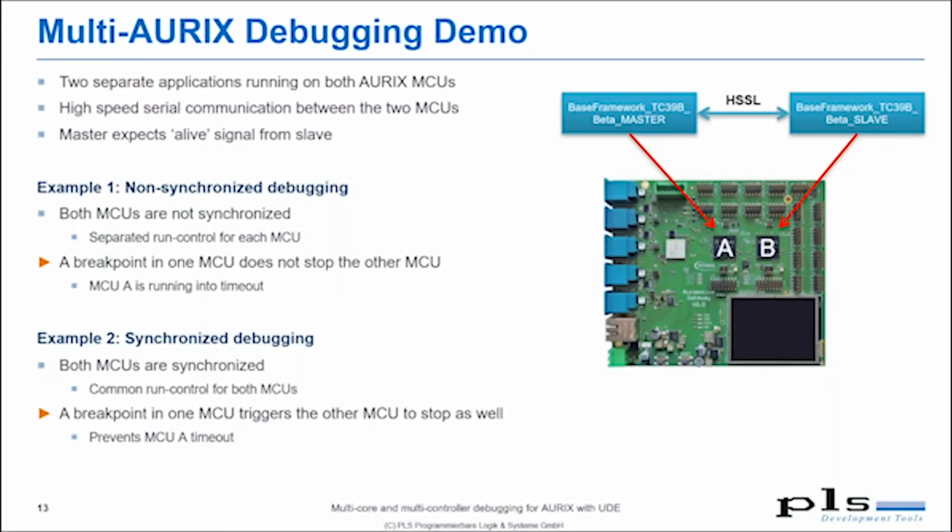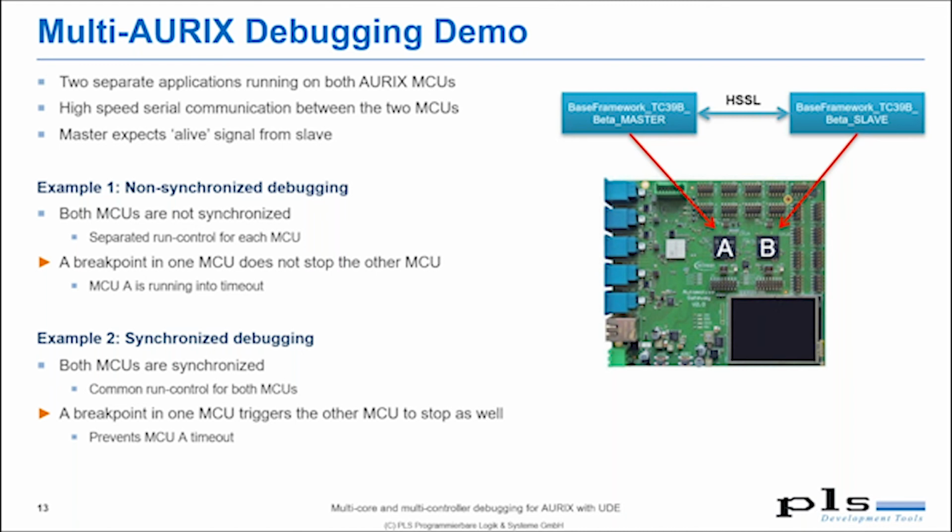Okay, that's all that I want to show. We have seen 2 cases. In the first example, with no debug synchronization enabled, the first MCU, the master MCU A, went into a timeout as soon as we hit the breakpoint.